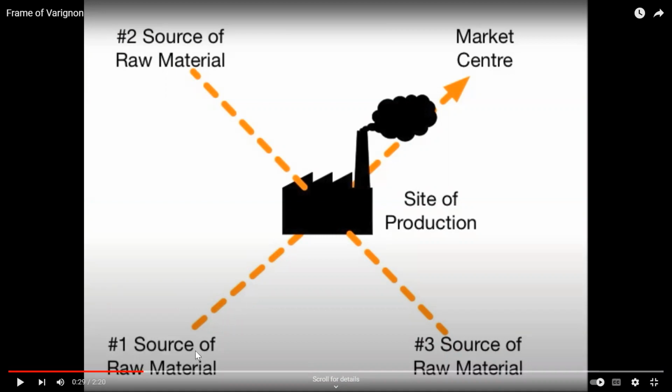So suppose maybe we're making pencils, and we need to import lumber for the wood, graphite for the pencil lead, and maybe eraser material. We're going to bring it all to some central location, this factory, and ship out a bunch of pencils. But maybe all these inputs have different transportation costs.